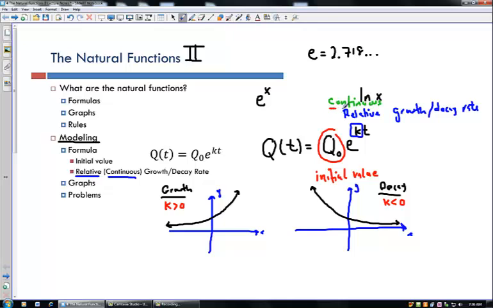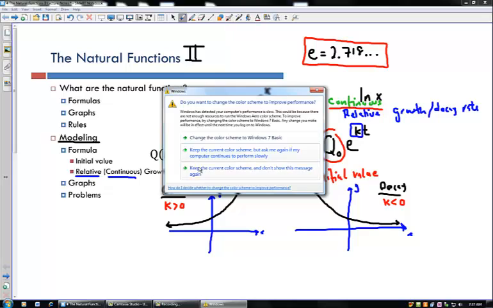I really like to say continuous because I know that this number e pops out when you study growth at a continuous level. So instead of looking at it over a time interval like a year or a month, when you start looking at the very instant, how is it growing at that very instant, this number e pops out in a natural way.